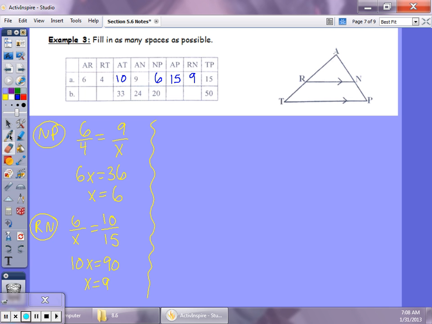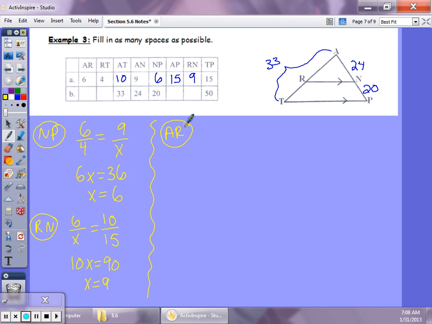Okay. So based on the given information, we know that AT, which is this whole segment here, is equal to 33, that AN is equal to 24, and that NP is equal to 20. So let's go ahead and find AR.